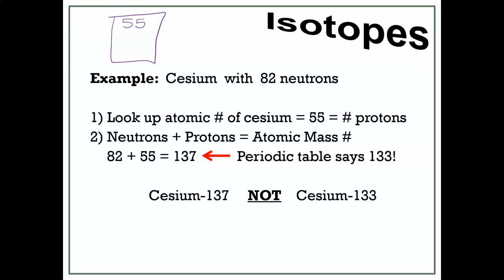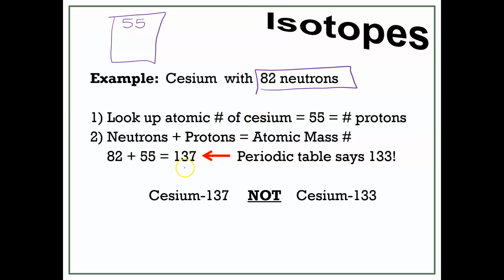Next, what we're going to do is look at the neutrons plus protons, add them together, and that gives us the mass number. So we have 82 neutrons, and I know that because the problem told me that I had 82 neutrons. And I add together the protons that I found from the periodic table.